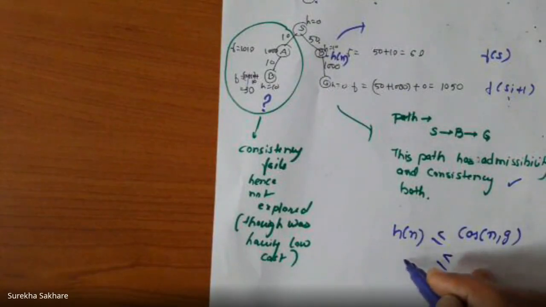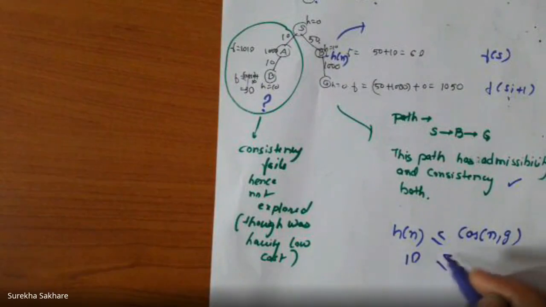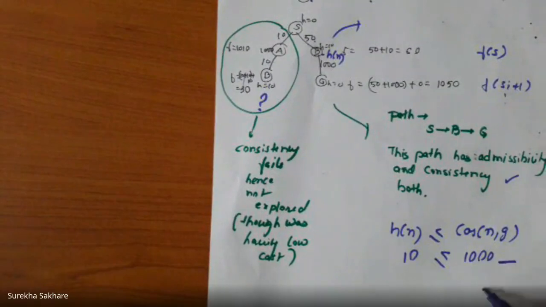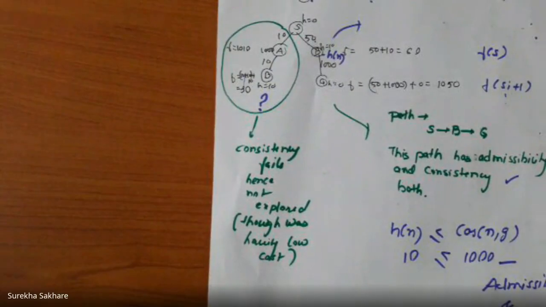So we will select the path from S to B to G. This is going to give me the optimal solution.